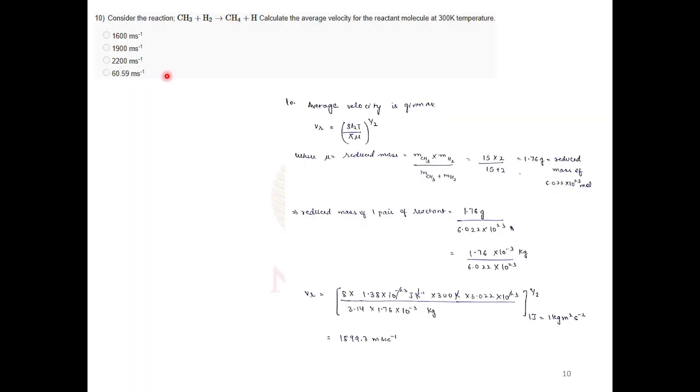So this is another question where you need to find the average velocity of reactant molecules at 300 Kelvin temperature. So first you need to know the formula for average velocity, right?